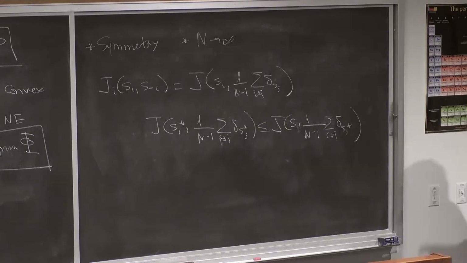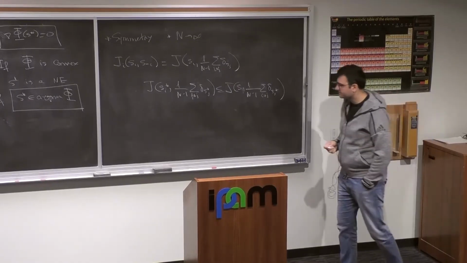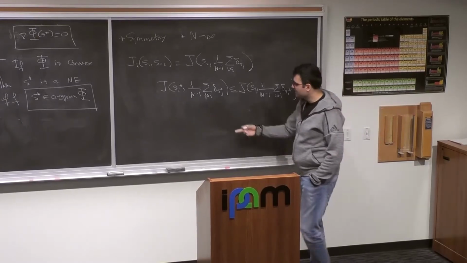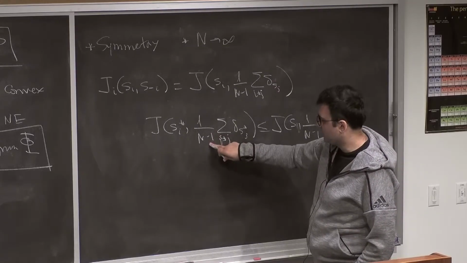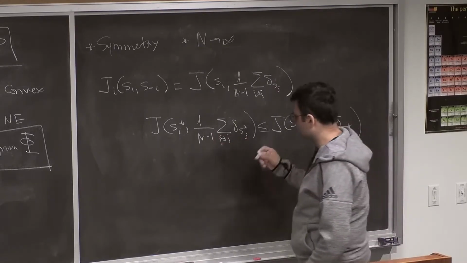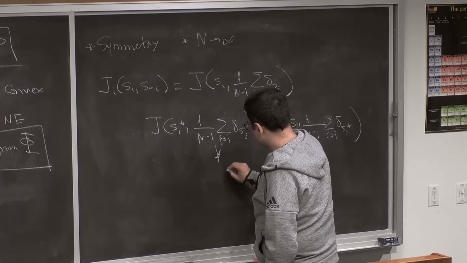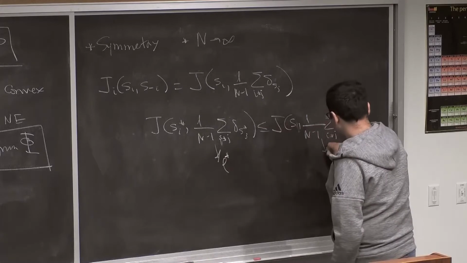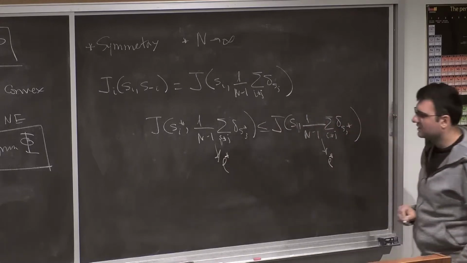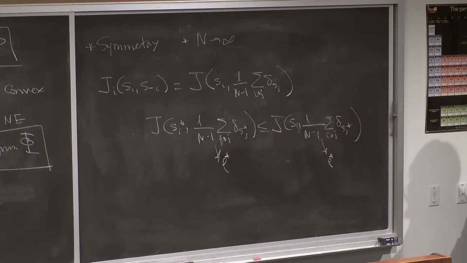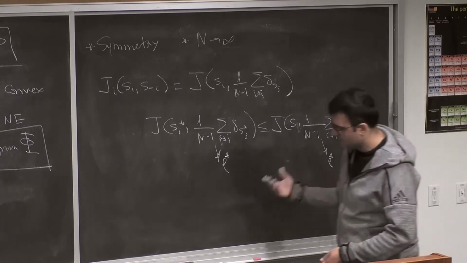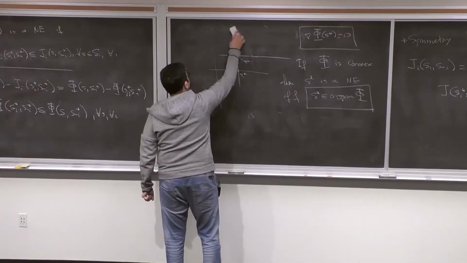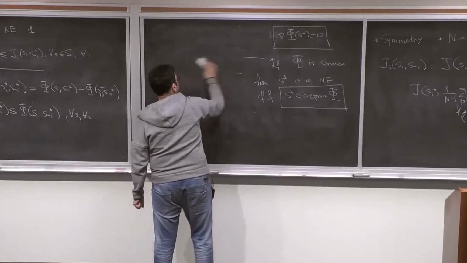I just copied the expression. Now let's make an assumption that when we increase the number of agents, this empirical measure converges to some distribution. Then let me write down what we get.